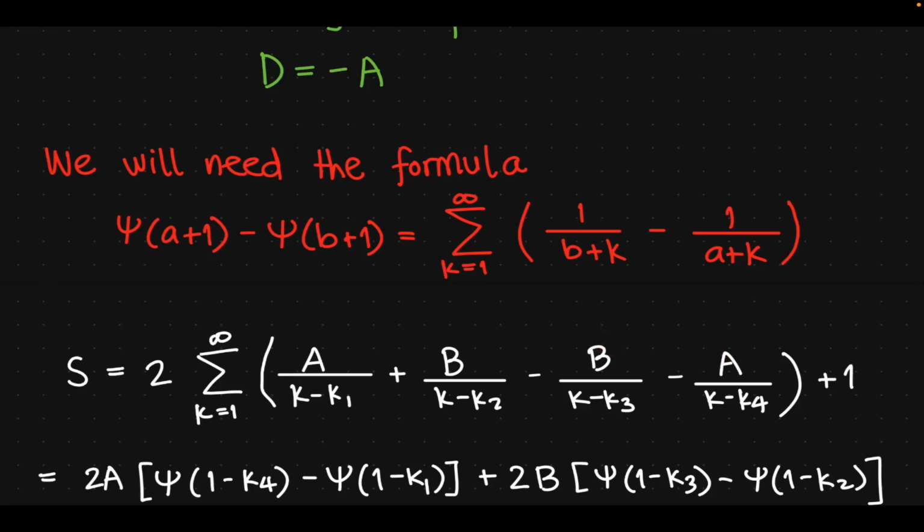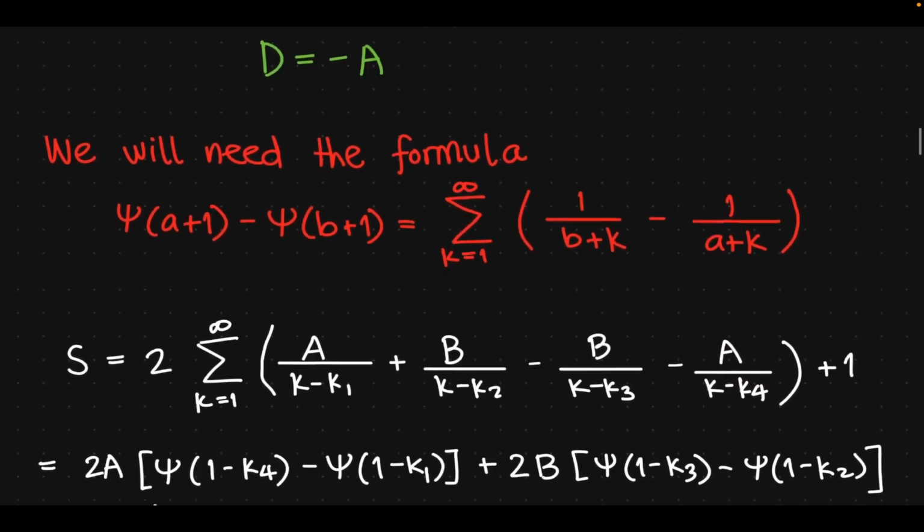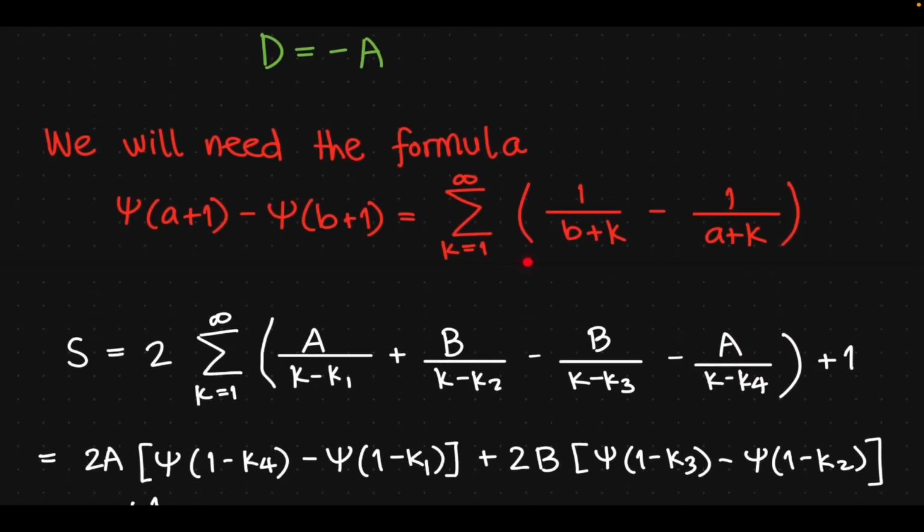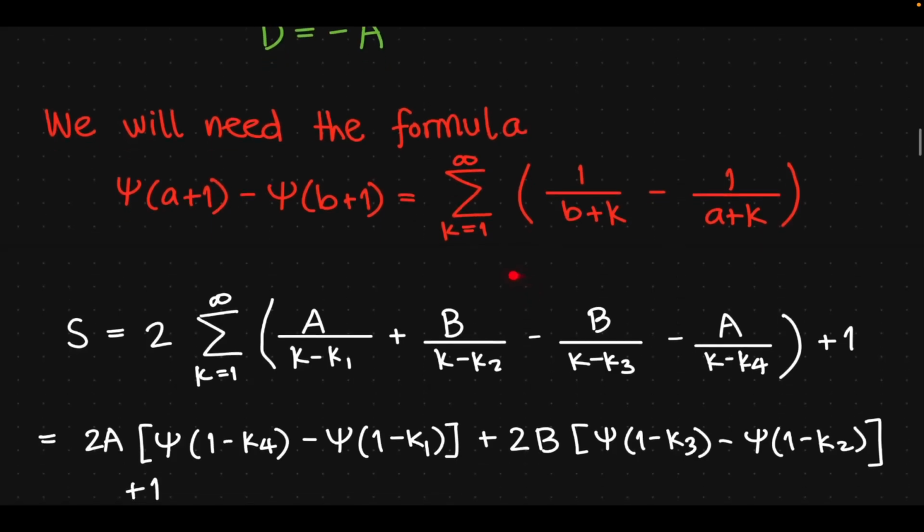We get the sum s equals 2 times the sum from k equals 1 to infinity, a over k minus k1 plus b over k minus k2 minus b over k minus k3, because c was minus b, and d was minus a, so minus a over k minus k4, plus 1. Now we can simply use the difference of these digamma functions, but we have to notice that we have a, minus a, and minus b in these parameters here.